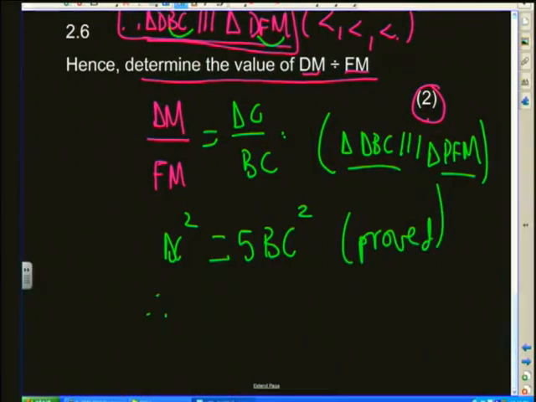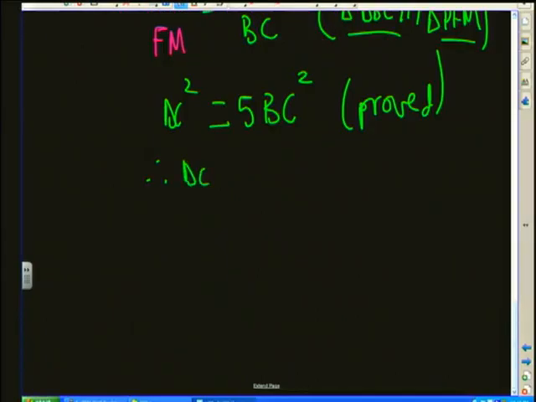Therefore, DC is going to be the square root of 5 times BC, because if you take the square root of BC squared, you just get BC. So now let's put in our ratio.